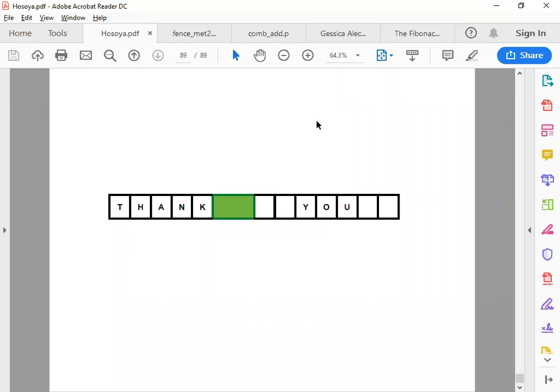tiling with squares and dominoes is equivalent to tiling a 2 by n board with just dominoes, right? Because dominoes can either go horizontally or they can go vertically, but that's like a pair of squares. So if you tile everything with dominoes and then split it in half along the middle, you get a normal square-domino tiling.